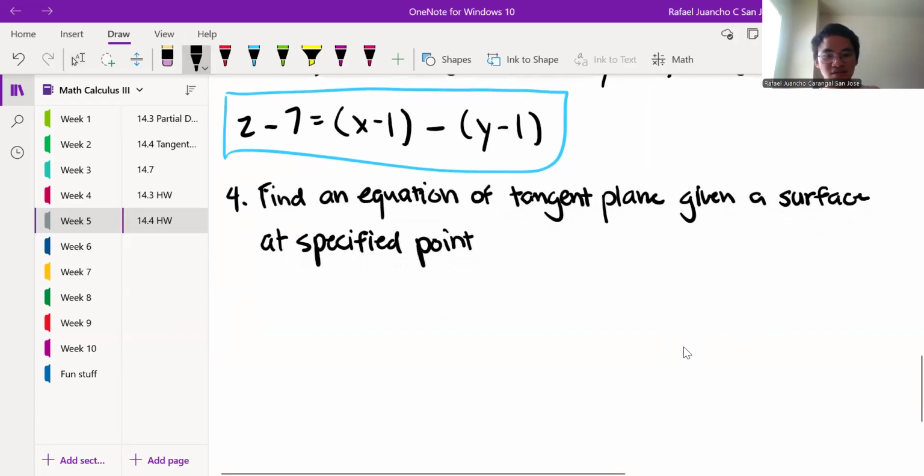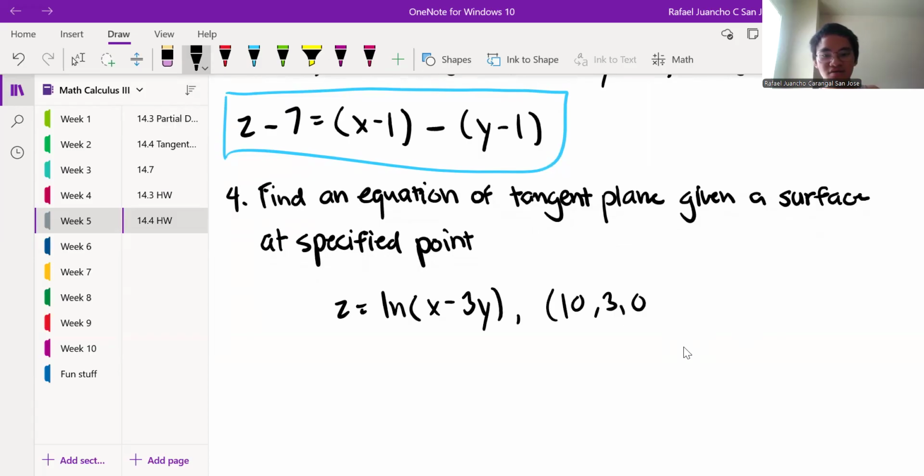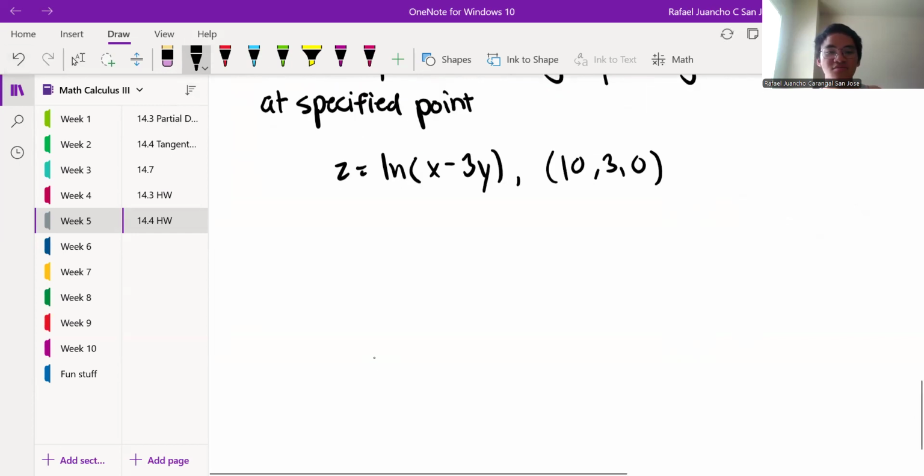So let's quickly do that. Z is ln of x minus 3y, and here we have 10, 3, 0. And then from there, okay, let me take partial derivatives.